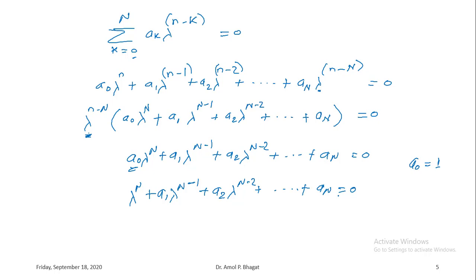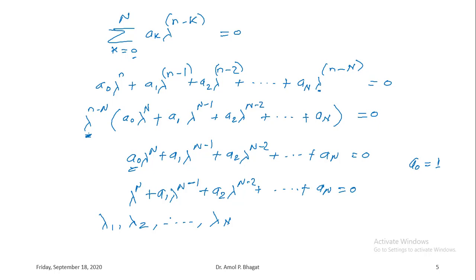If we represent those roots as lambda 1, lambda 2, and so on up to lambda n, these n roots are represented as lambda 1, lambda 2 up to lambda n.